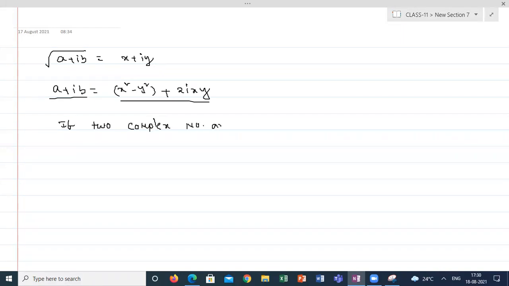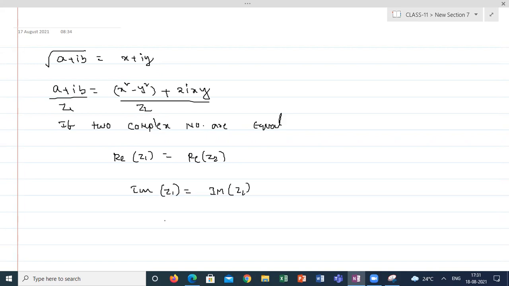Suppose Z1 is equal to Z2, the real part of Z1 must be equal to the real part of Z2, and the imaginary part of Z1 will be equal to the imaginary part of Z2.